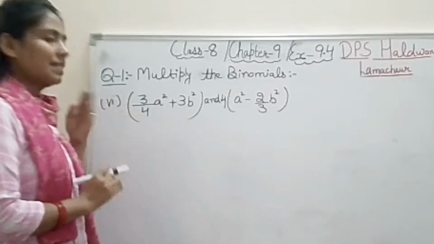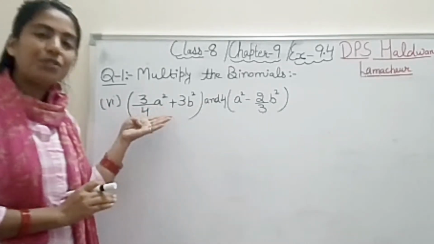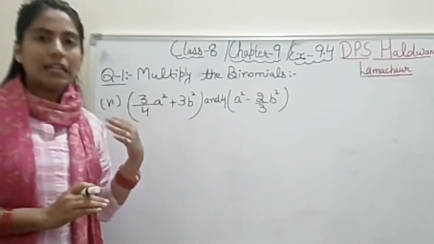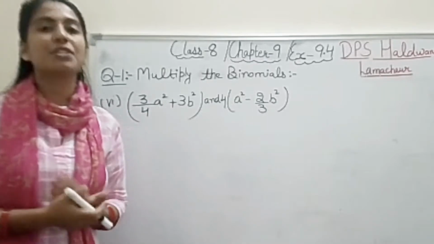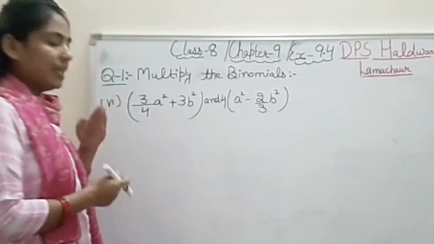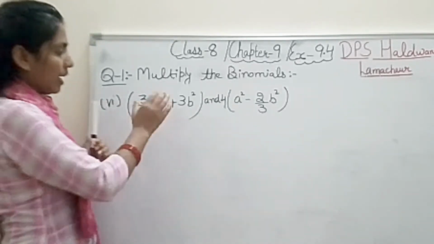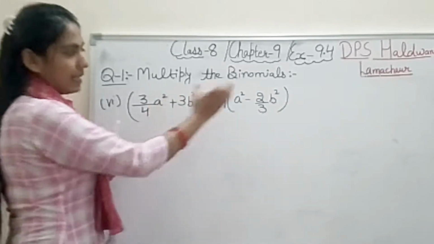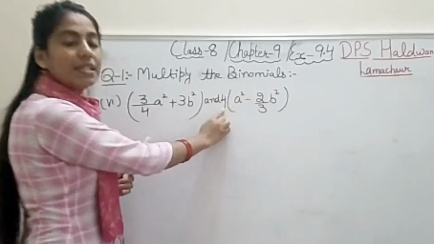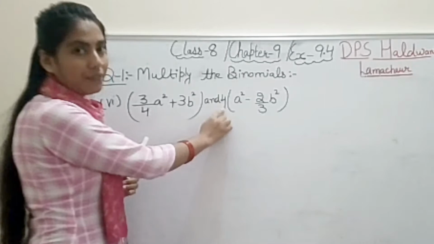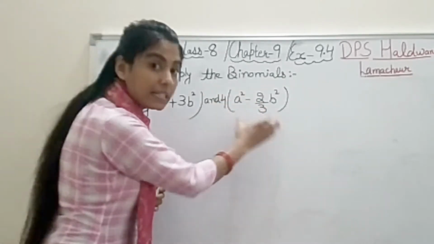Now student, the sixth part. I thought I have to solve this question because this is a little bit different question amongst all the questions. Okay. So according to this question, student, this is a bracket and in the second bracket one term is outside the bracket already we have. So first of all we will solve this bracket.